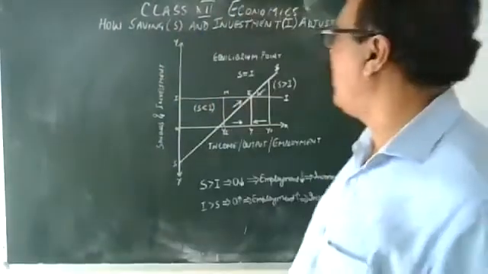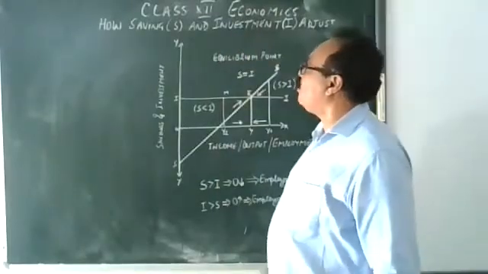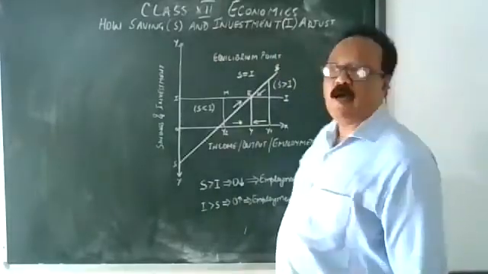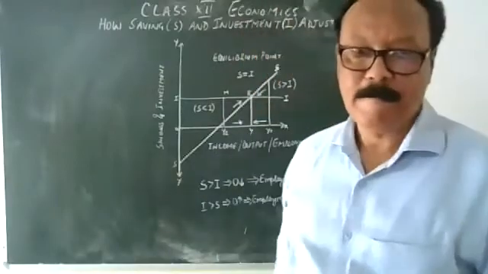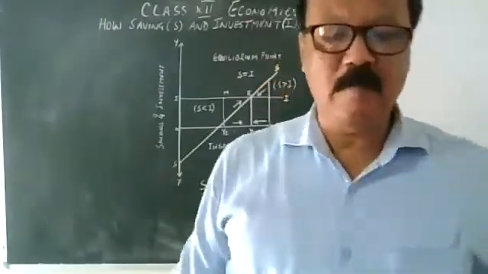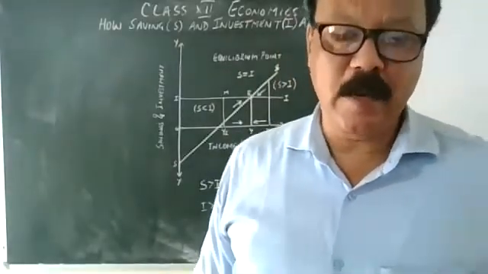Today, like shown on the board, we will study how saving S and investment I adjust to each other. Now, the second method of equilibrium we had learned was when S is equal to I, right?